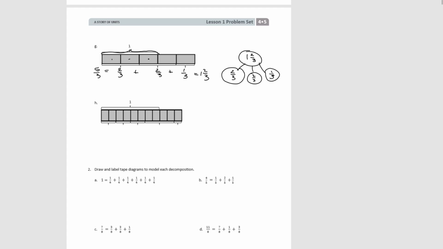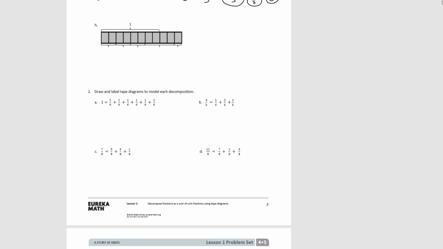Okay, pause the video and try H. In this tape diagram, we have divided one whole into 1, 2, 3, 4, 5, 6, 7, 8 equal-sized pieces. We've bracketed 2/8, and then 2/8, and then 2/8, and then 4/8, and then 1/8.